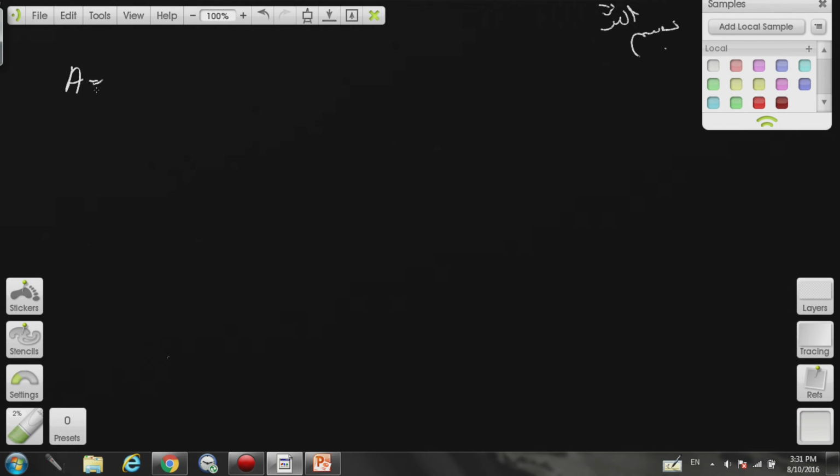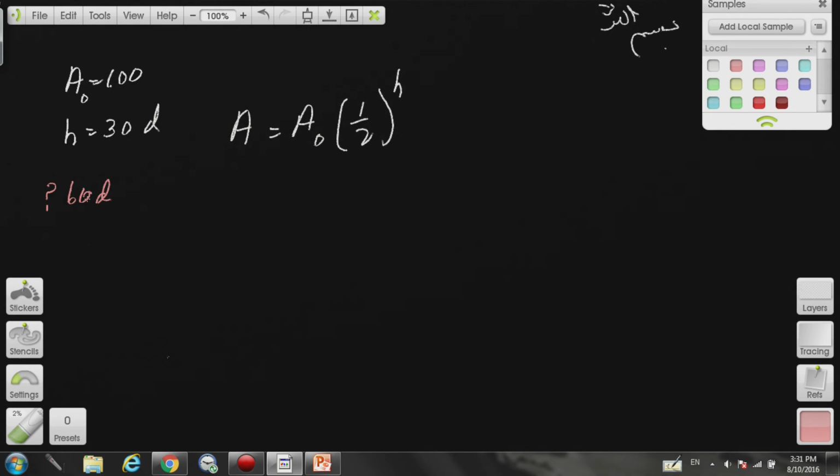Okay, so let me just reiterate this problem. Initially, I had 100 grams of stuff, and I said the half-life of the substance is 30 days. I have derived this formula for the amount of stuff remaining after a certain half-life. Then I said how much of the stuff will be there after 60 days. Well, that's 2 half-lives, and you put 2 over there.